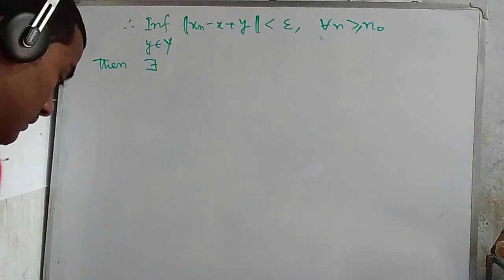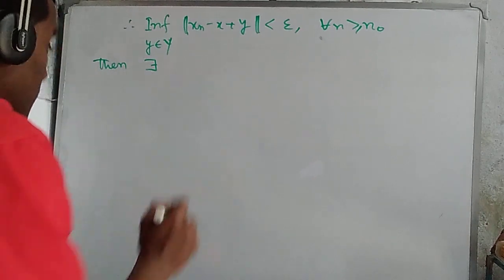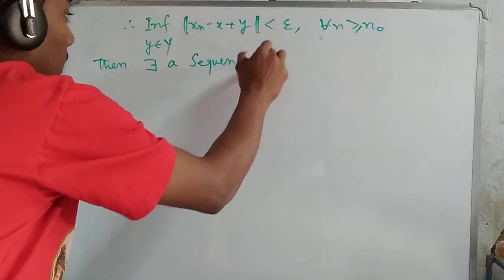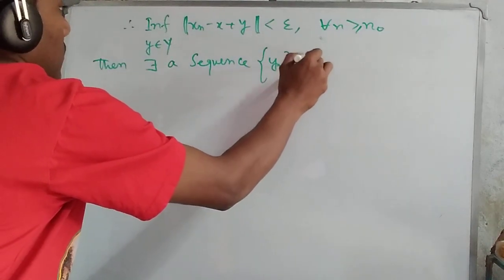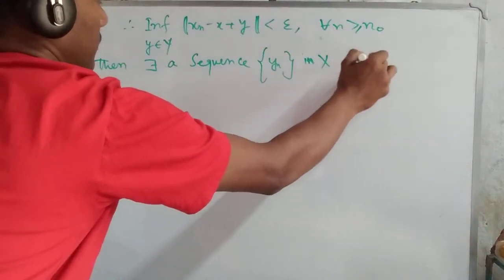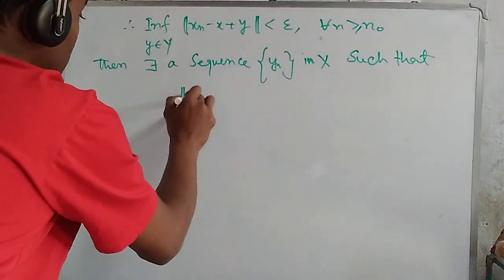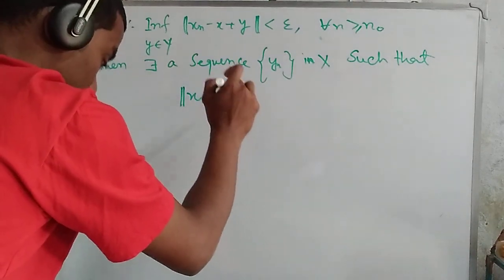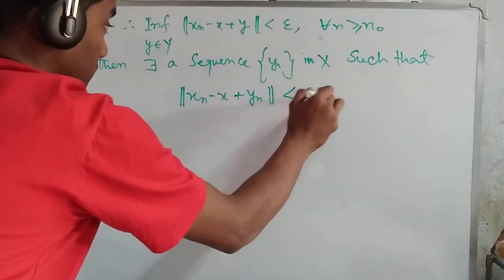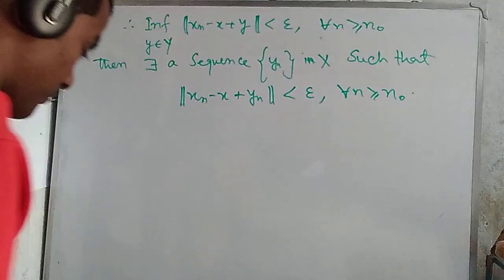Then there exists a sequence y_n in Y such that the norm of x_n minus x plus y_n is less than epsilon for all n greater than or equal to n_0.